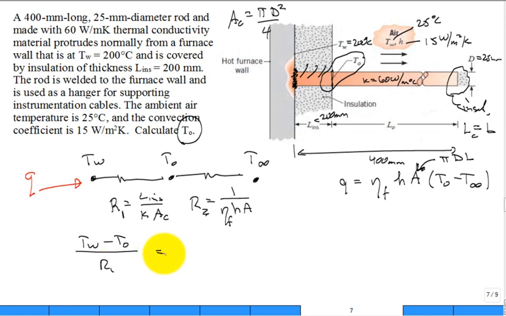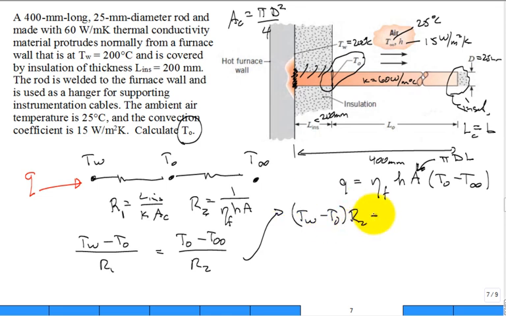And the Q through the second one is T0 minus T infinity divided by R2. The only unknown I have in this equation is T0. I just do a little algebra. Maybe I'll take 2 or 3 steps to do it. Let's work it out. This is TW minus T naught times R2 plus T naught, equal to T naught minus T infinity times R1. Makes sense?